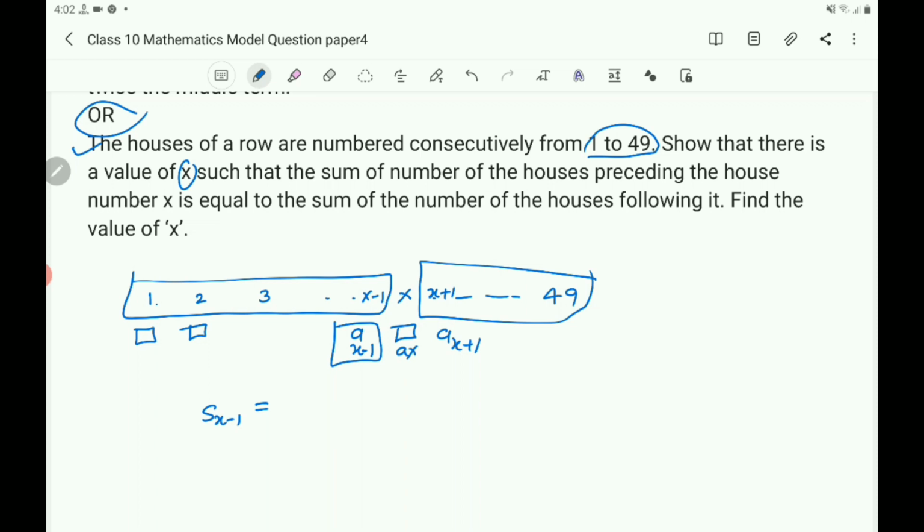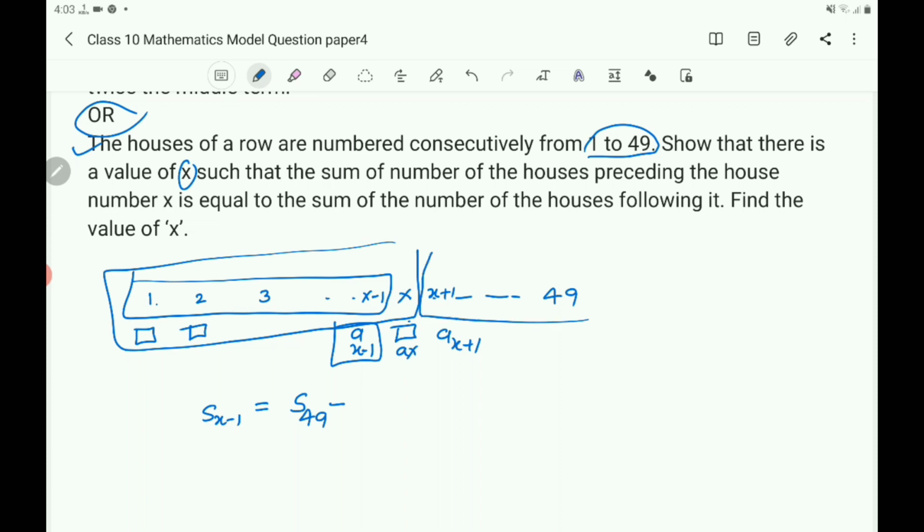To get this sum you must find S49 minus Sx. Up to this you have to remove to get this sum. So this sum is equal to S49 minus Sx.